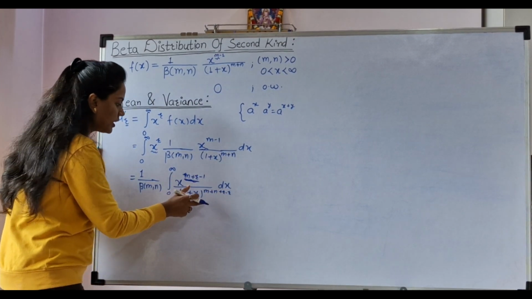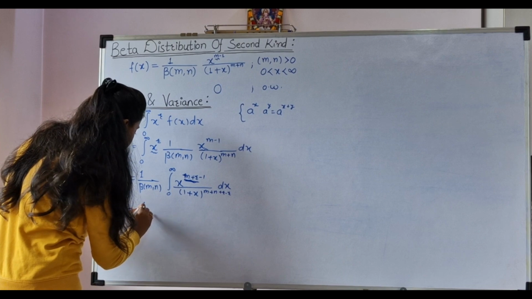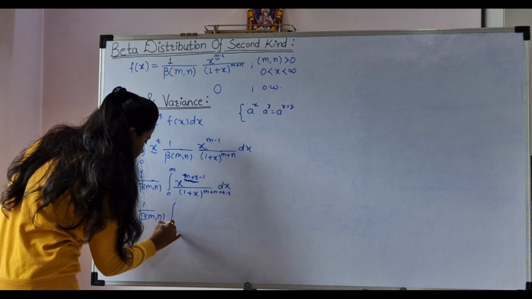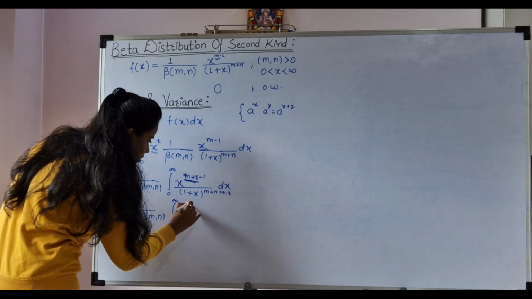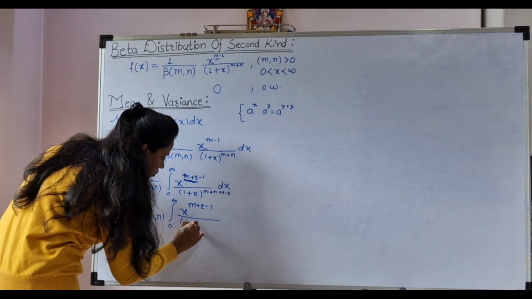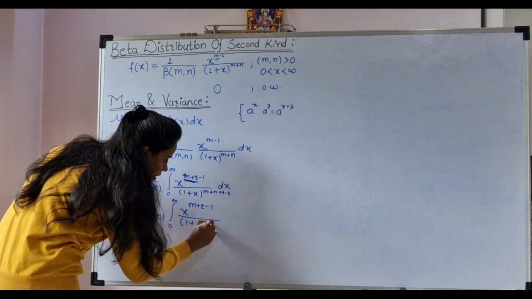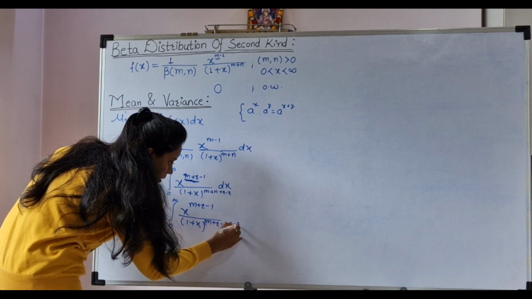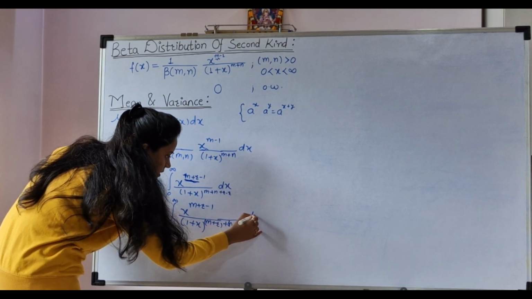So let's rearrange it. So what we will get? 1 upon beta(m,n) integration 0 to infinity x to the power m plus r minus 1 upon (1 plus x) to the power m plus r plus n minus r dx, right?